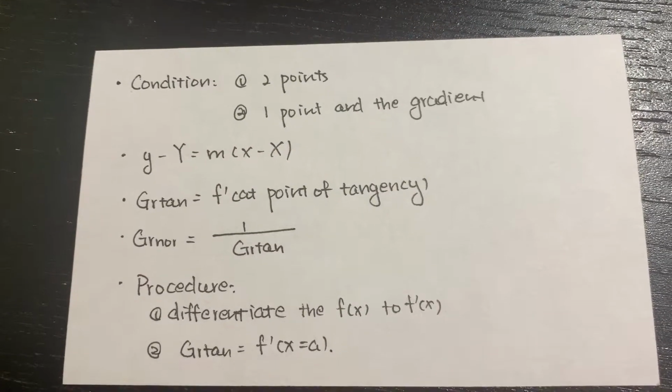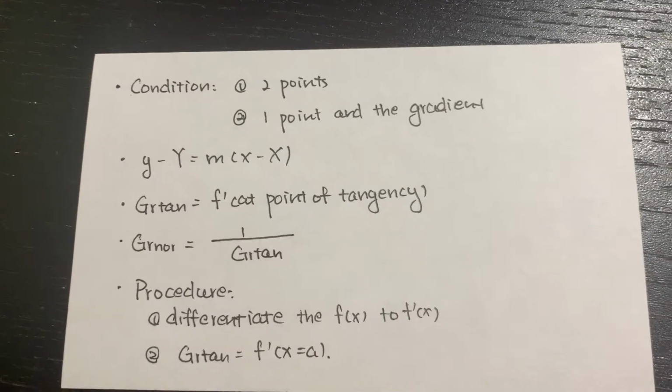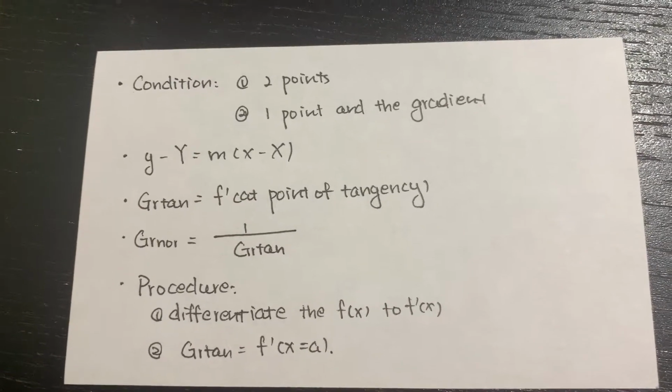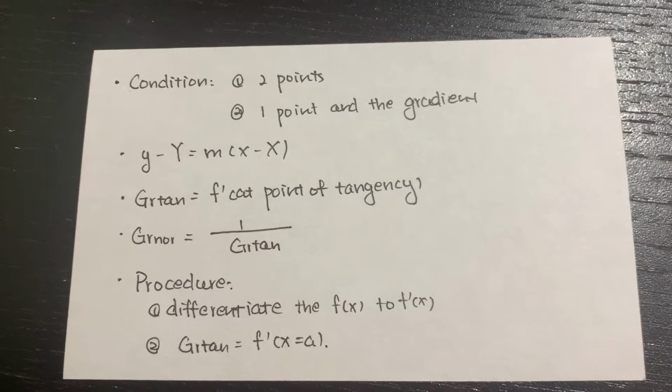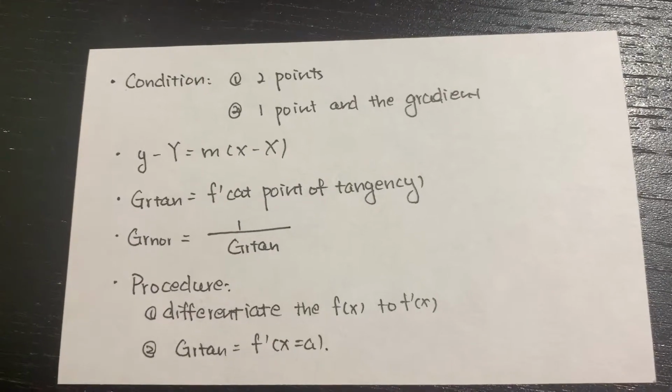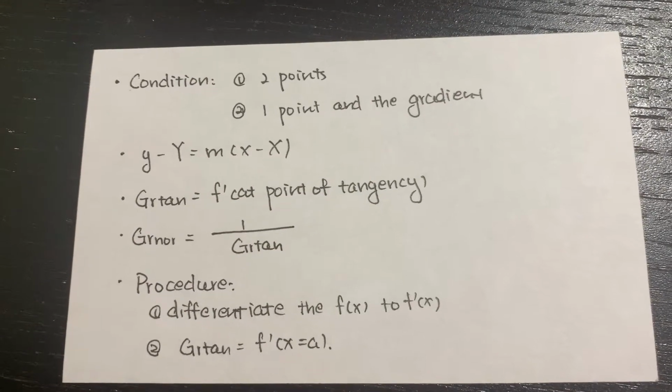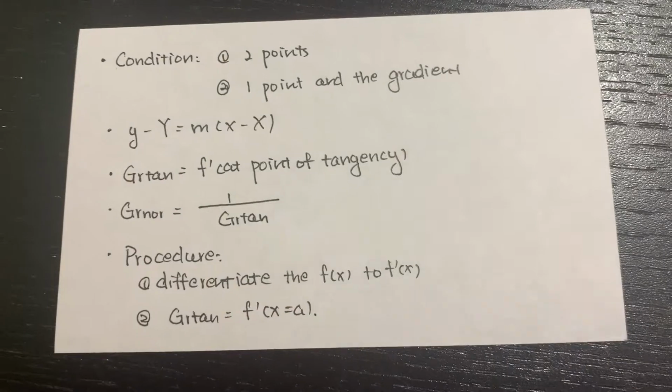The normal gradient is negative 1 over the gradient of the tangent. So the procedure is always differentiate and then find the gradient at that point. Just remember these small details and you'll ace all the tangent and normal questions.